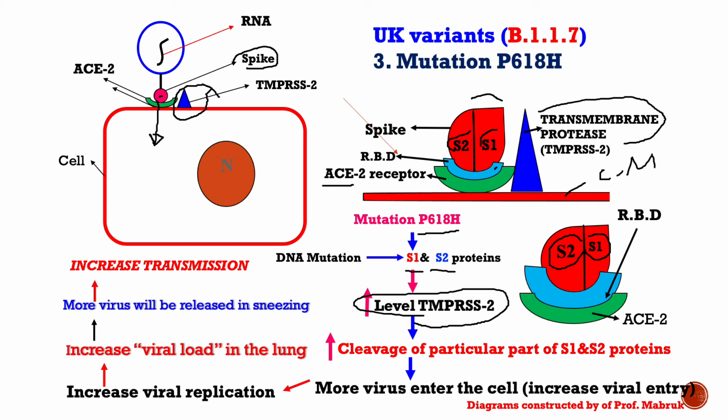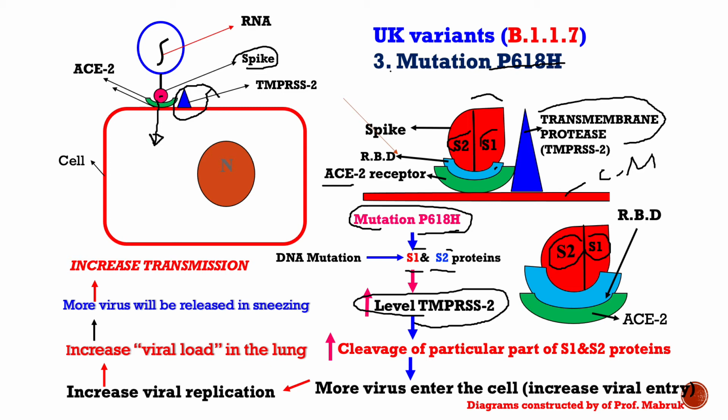However, in the UK variants, which has mutation P618H, as I mentioned previously, this mutation P618H will result in mutation or changes in the S1 and S2 component proteins of the spike protein of the coronavirus COVID-19.